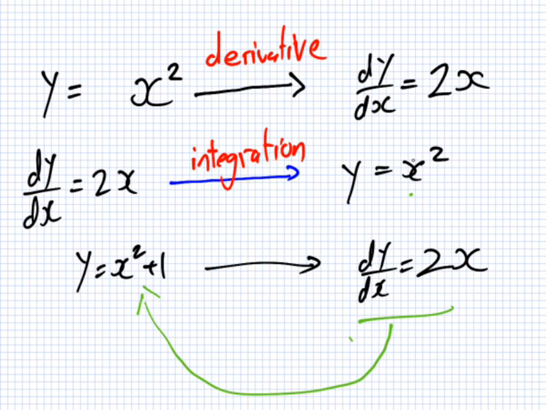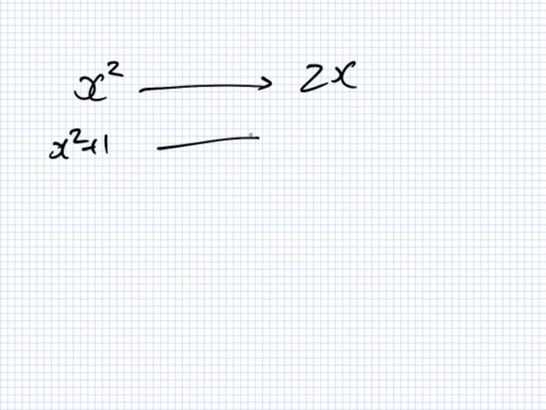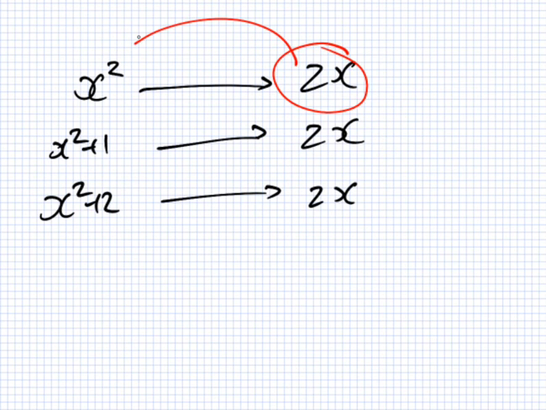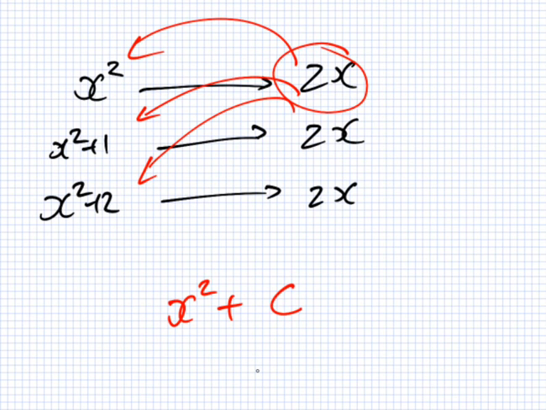For example, if you have y equals x squared plus 1, what's the derivative? 2x. So, going backwards, the answer should be x squared plus 1. But we said earlier, going backwards, the answer is just x squared.